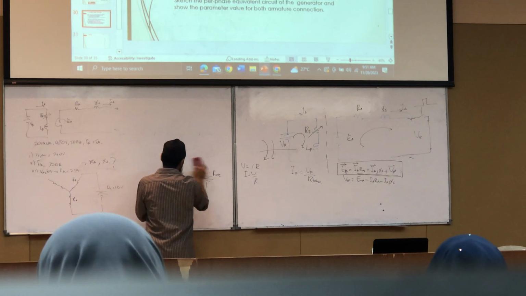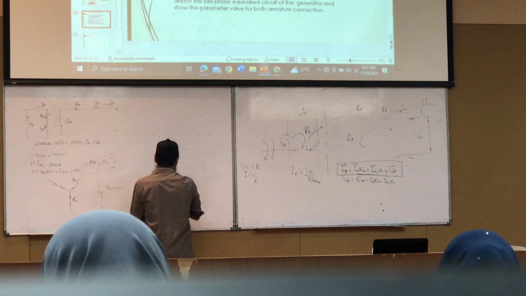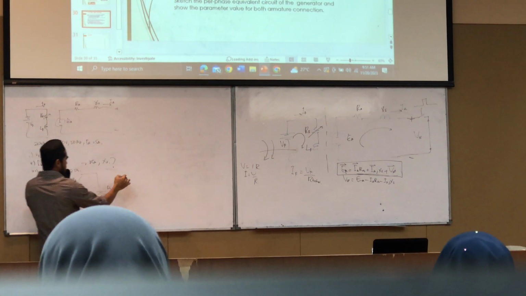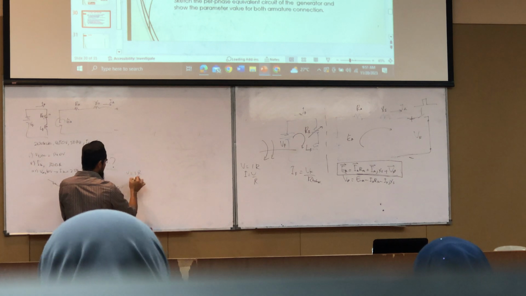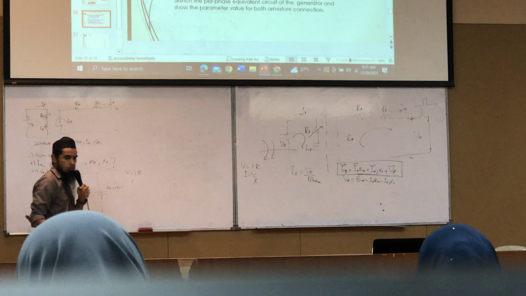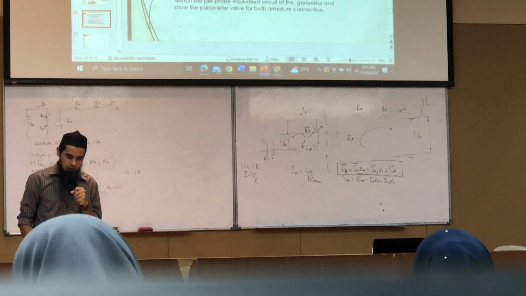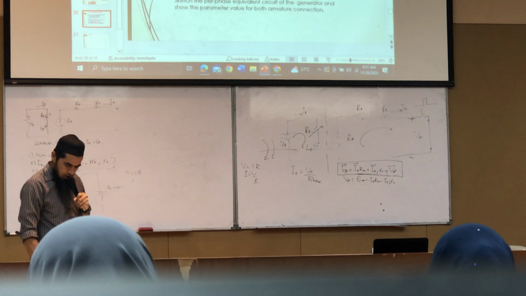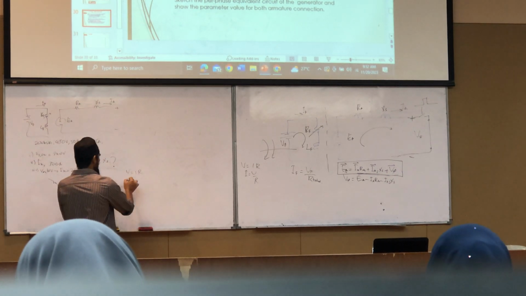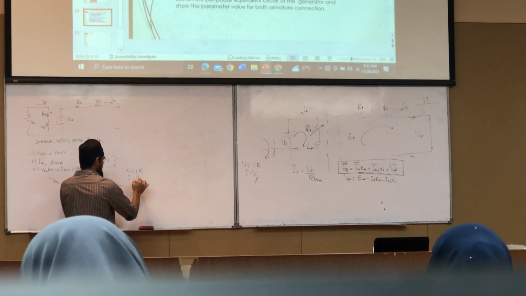So the first thing is find out what is your RA. So for Y connected, V equal to IR. And the formula that you should remember equal to IR. So I equal to V over R.